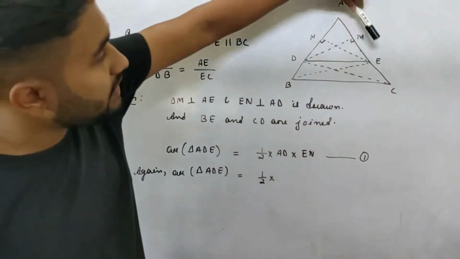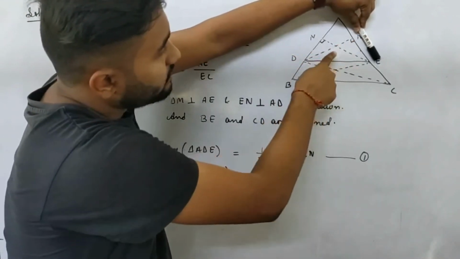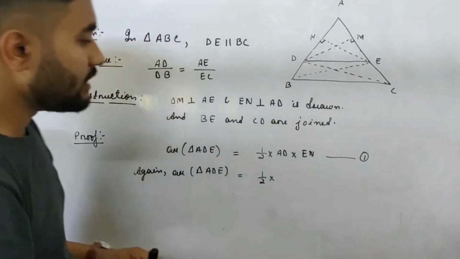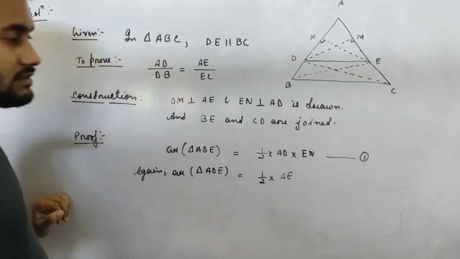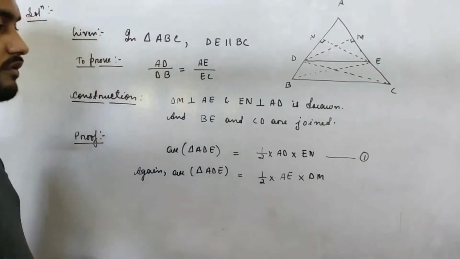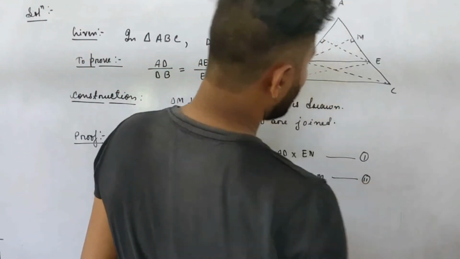So this is my base. What will be my height? This will be my height, DM. So in the same triangle, if I consider AE as my base, my height will be DM. Very simple. This will be my equation 2.